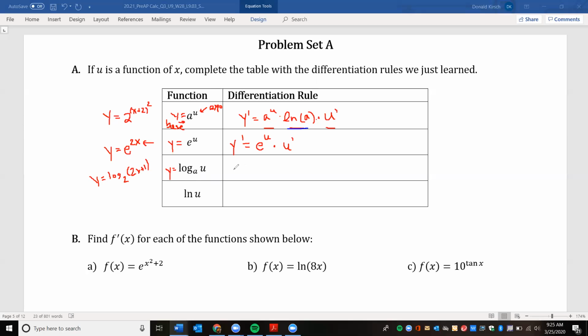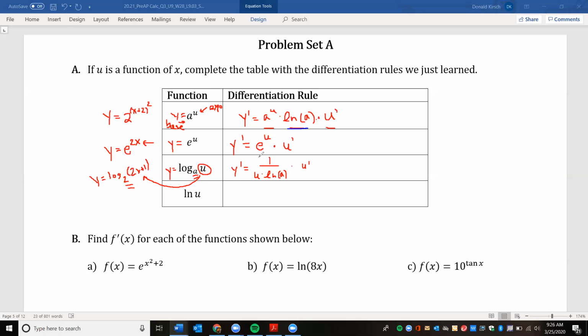And then when we find that, our derivative is going to look like this. 1 over u times ln of a times u prime. All right, so once again, just identifying, okay, what is u?